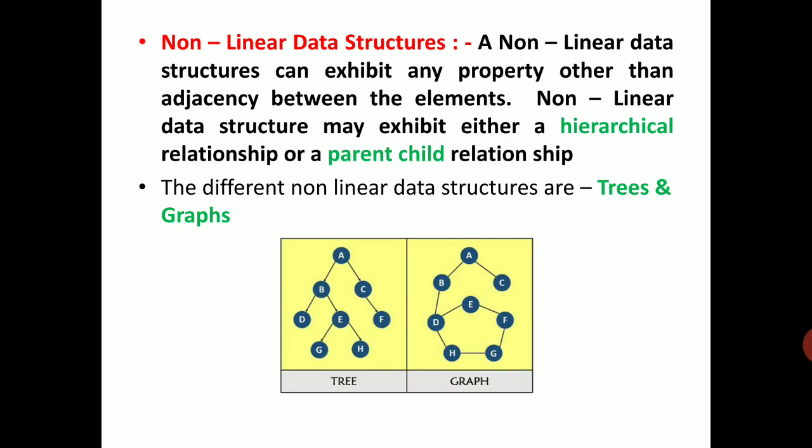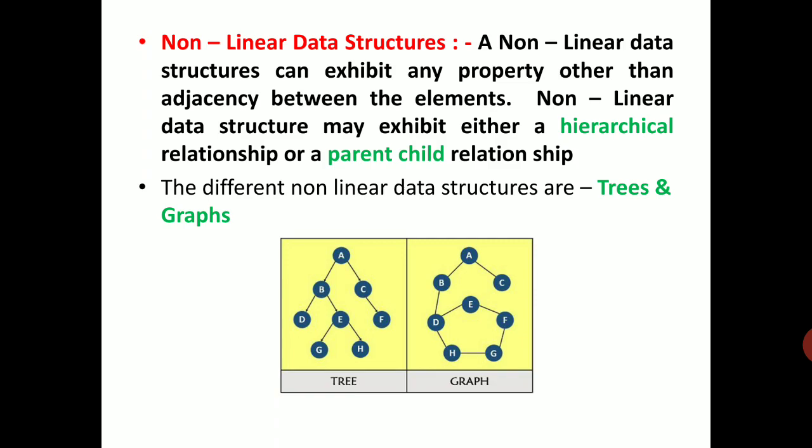Searching, finding the location of a given element. Sorting, arranging the data elements into some logical order, ascending or descending. Merging, combining two different data structures into one data structure.